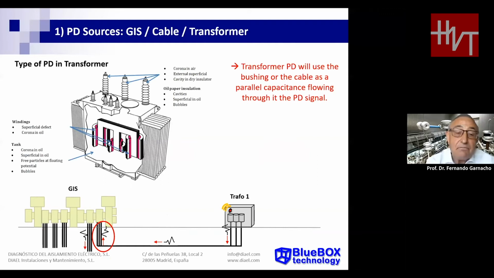And there are probably possibilities to have cavities, bubbles, surface discharges in oil, and free floating particles. We have many different possibilities in the transformer.